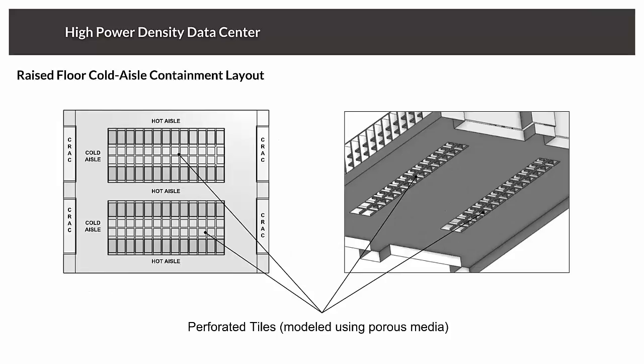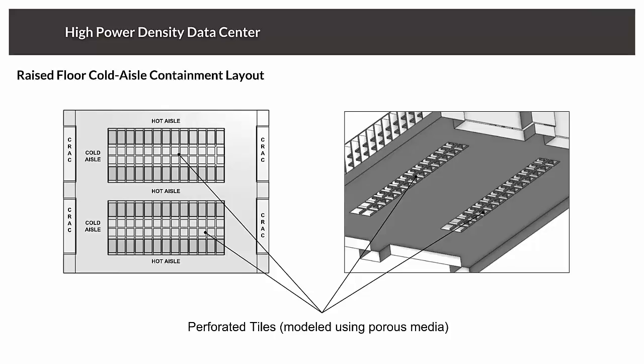To take a closer look at the data center model that we have here, we will make several important simplifications for us to be able to actually approach this problem with computational fluid dynamics. First thing to note is that we will not model the geometry one-to-one.